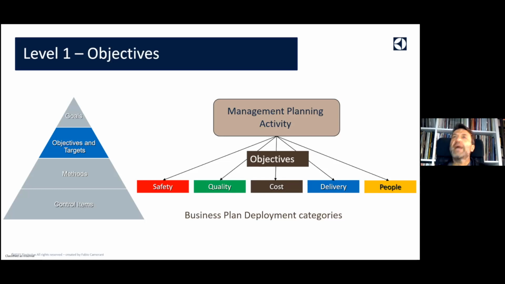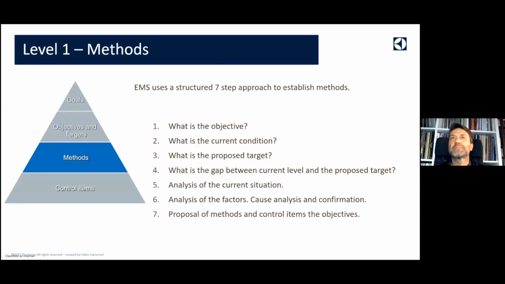So we have goals, we have statements, and we transform the statement into some numbers. And then we do one step more. And this is, to me, the most important step that we have to do. This is the key element.